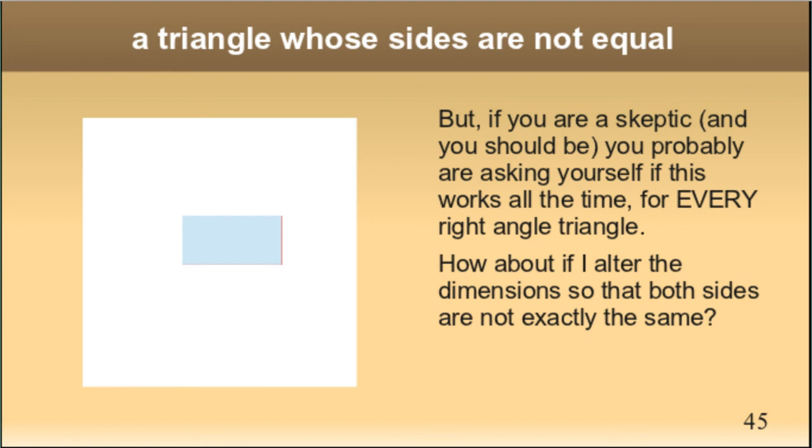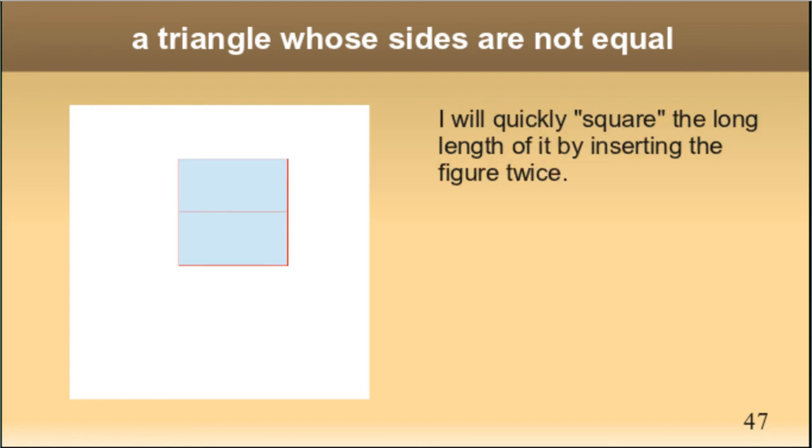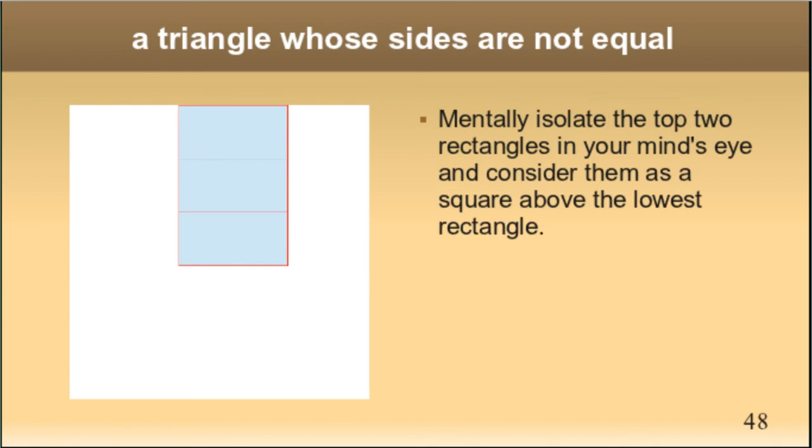I'm going to alter the dimensions so that both sides are not exactly the same. This figure is 2 squares long. In other words, it's 2 feet long and 1 foot down. You can buy tiles of any size. I'm going to square the long length by inserting 2 more tiles.